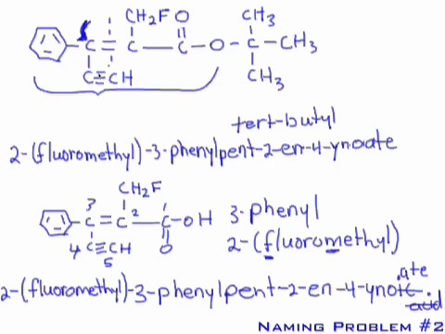I have a phenyl and an alkyne group. They are different. If I look at the other carbon here, the CH2F is different from the C double bond O. Because of this, I have geometric isomerism. So let's go back to the left-hand carbon and prioritize.